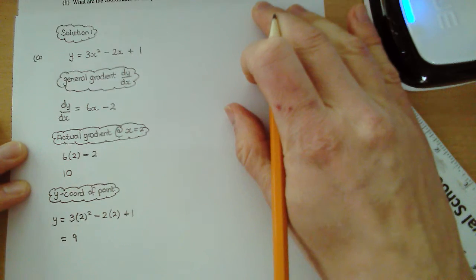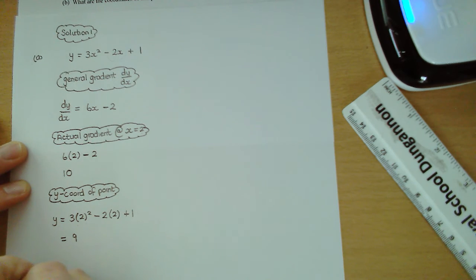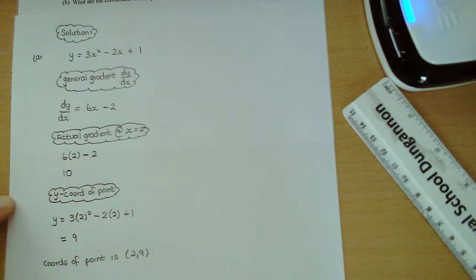So the coordinates of the point is 2, 9. And that's our answer for part B.